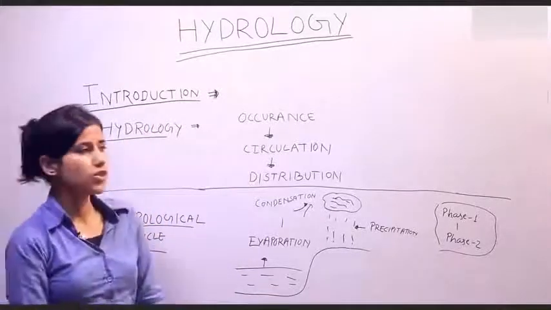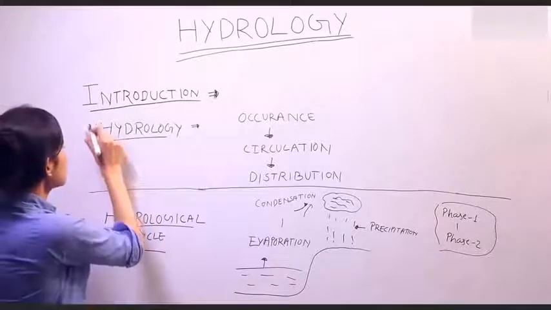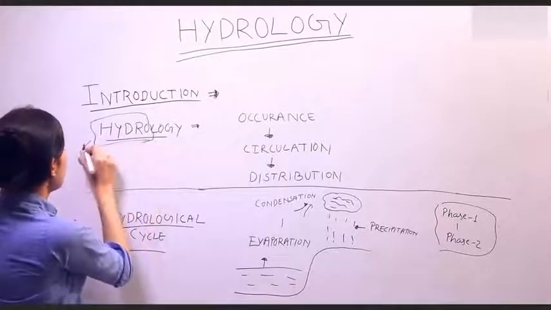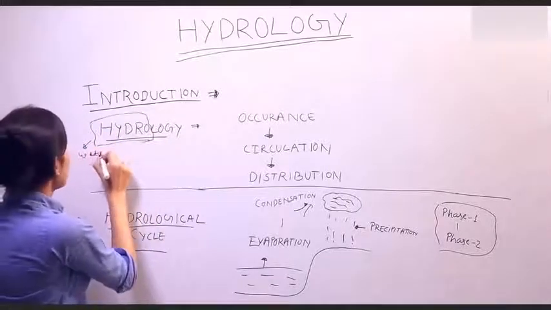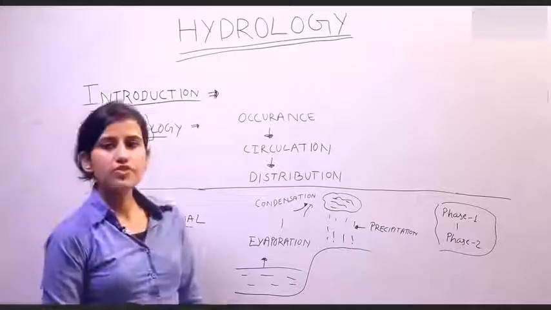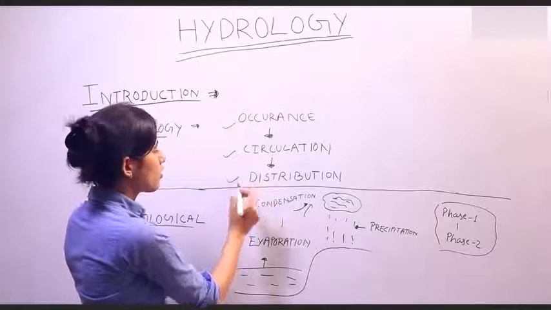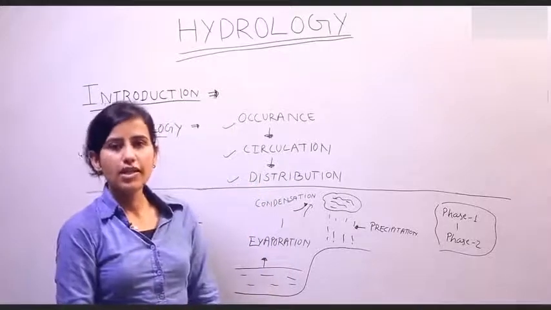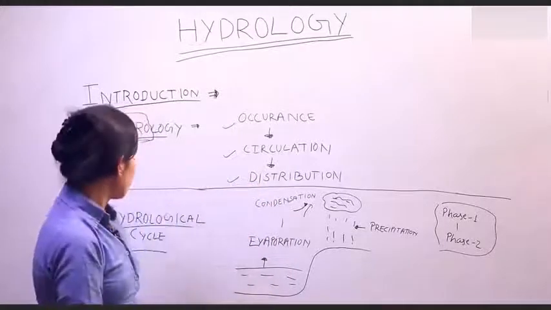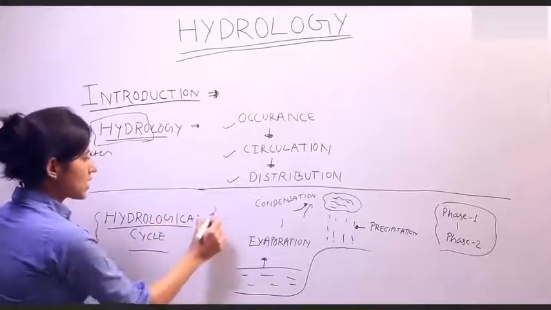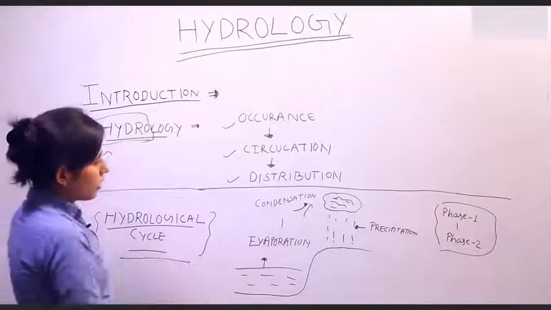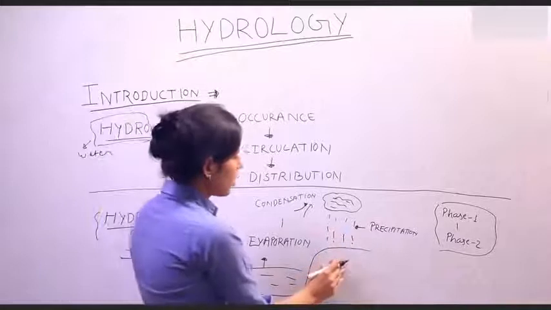So what is hydrology? As the name suggests, hydro is about water. So hydrology is a science which deals with occurrence, circulation and distribution of water on Earth's surface and in its surrounding. Then what is the hydrological cycle? You can have a look at this diagram.